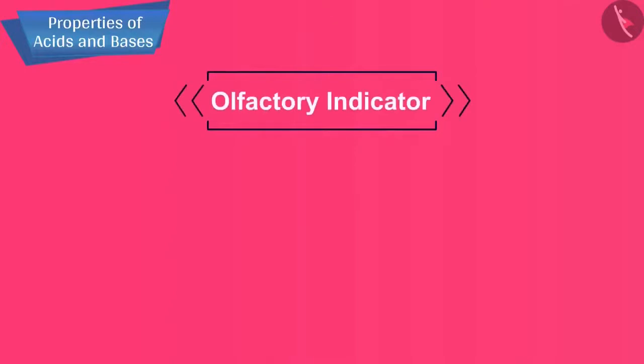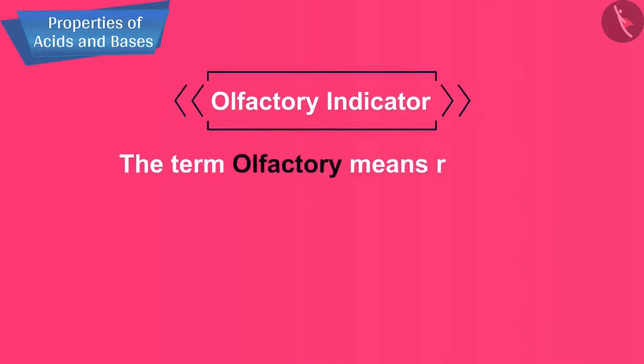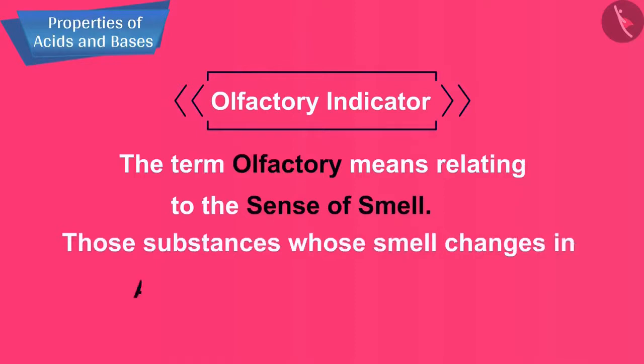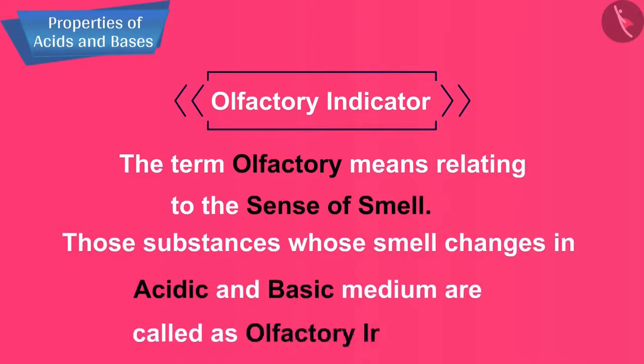There is one more type of indicator, which is the olfactory indicator. The term olfactory means relating to the sense of smell. Those substances whose smell changes in acidic and basic medium are called olfactory indicators.